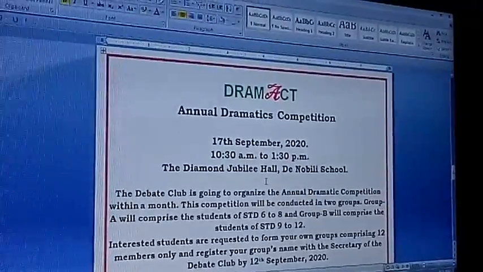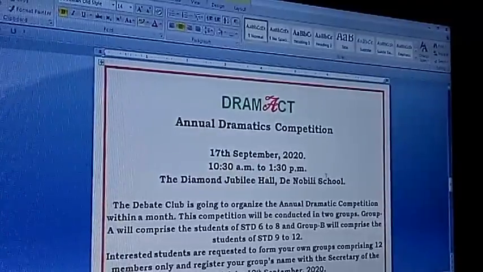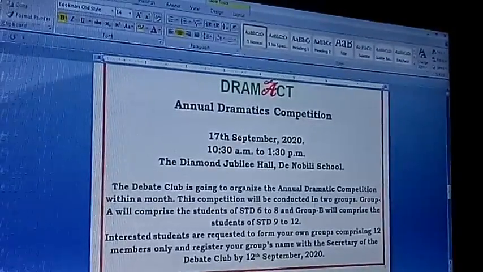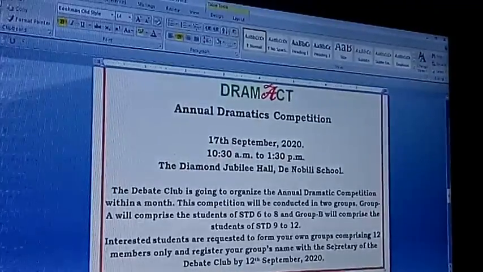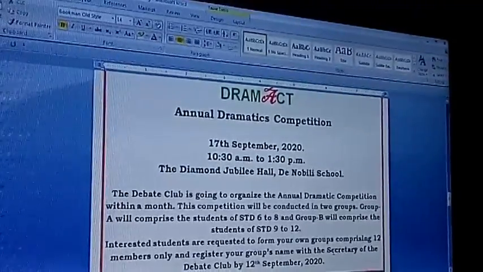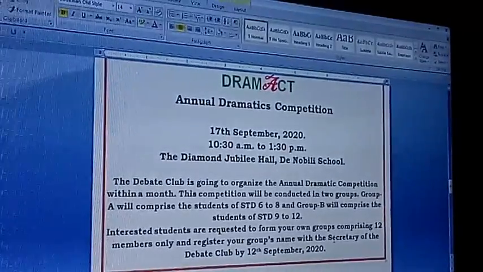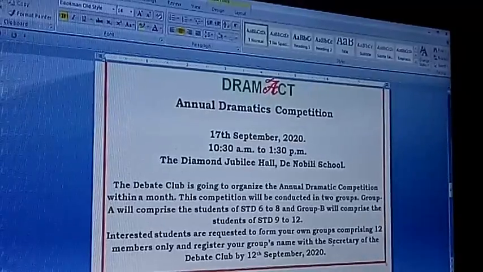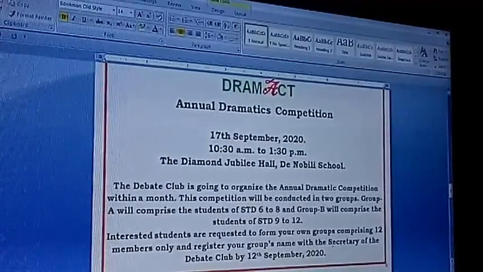We are not writing of because the comma you have put, and then the rest of the notice follows as it is. The debate club is going to organize the annual dramatic competition within a month. This competition will be conducted in 2 groups. See, the notice should give the reader crystal clear ideas of what event is going to take place.